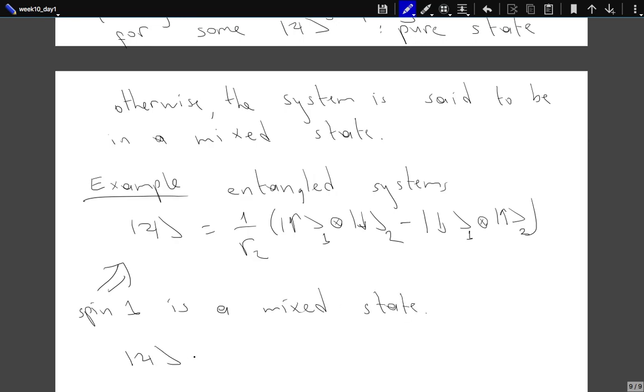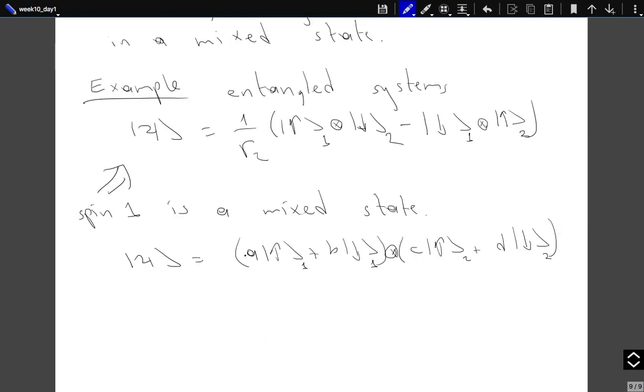If the wave function is given by, let's say, such an expression, this is for spin 1. Here you see the spin 1 is described by this wave function, uniquely and precisely.